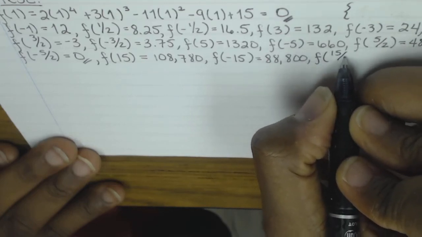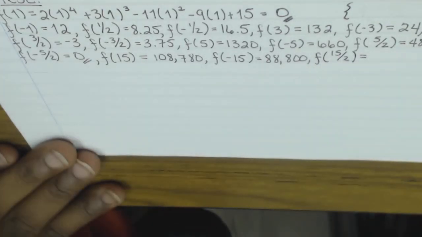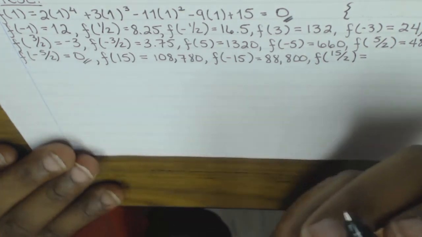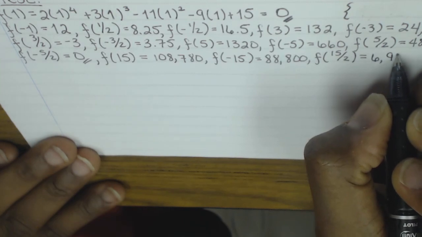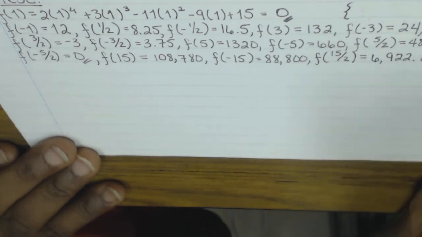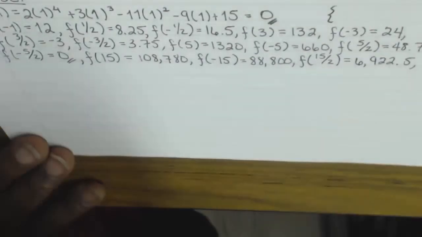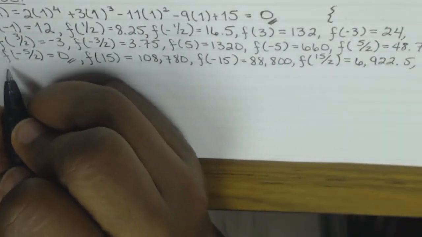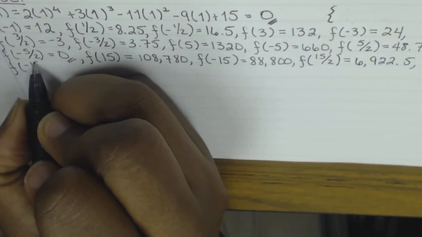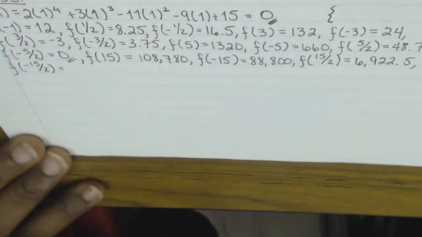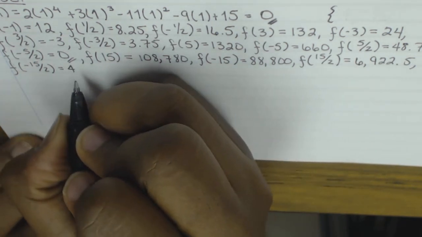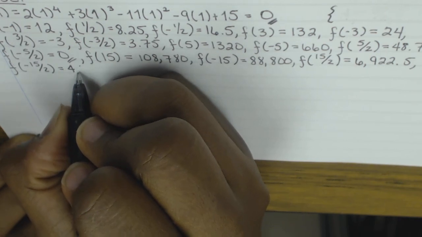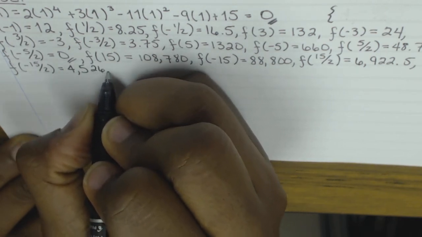F of 15 halves, I get 6,922.5. And last but not least is the opposite of 15 halves. I get 4,526.3.